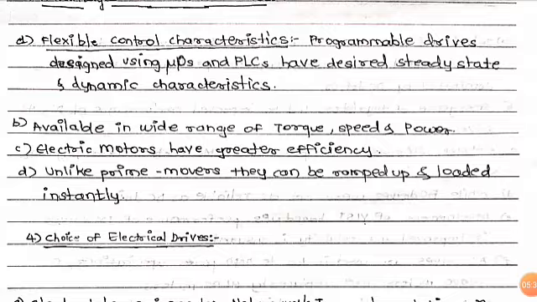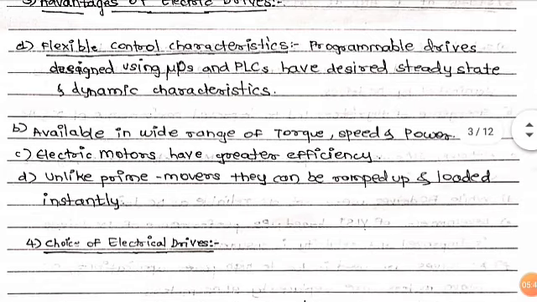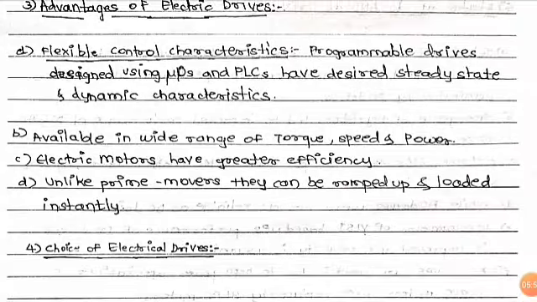Or steam engines, we need to generate the steam, store the steam, and coal is required to feed. Or any hydraulic machine is also impractical. Those are not available in such a wide range, but electrical machines are available. So that is again an advantage.